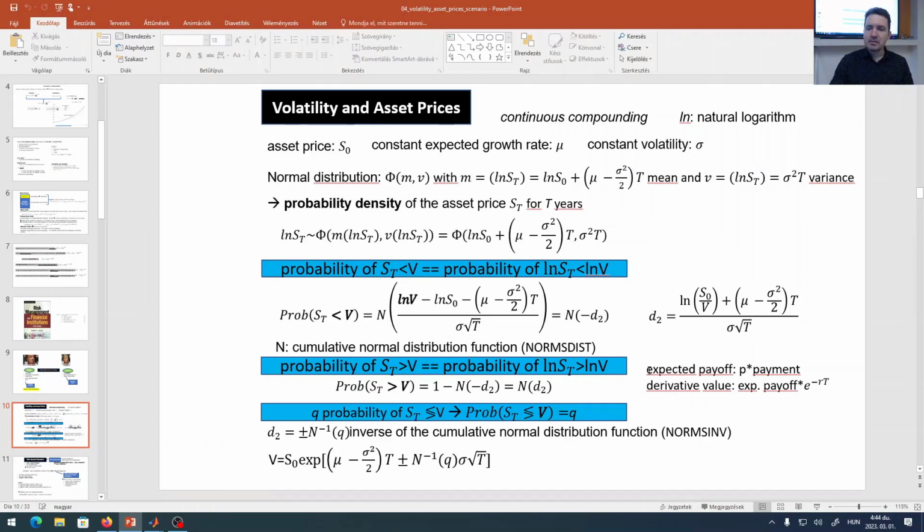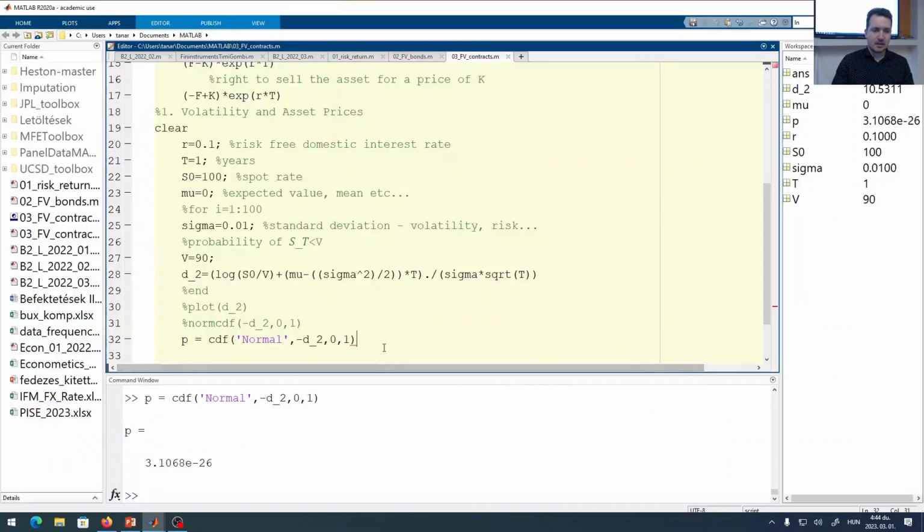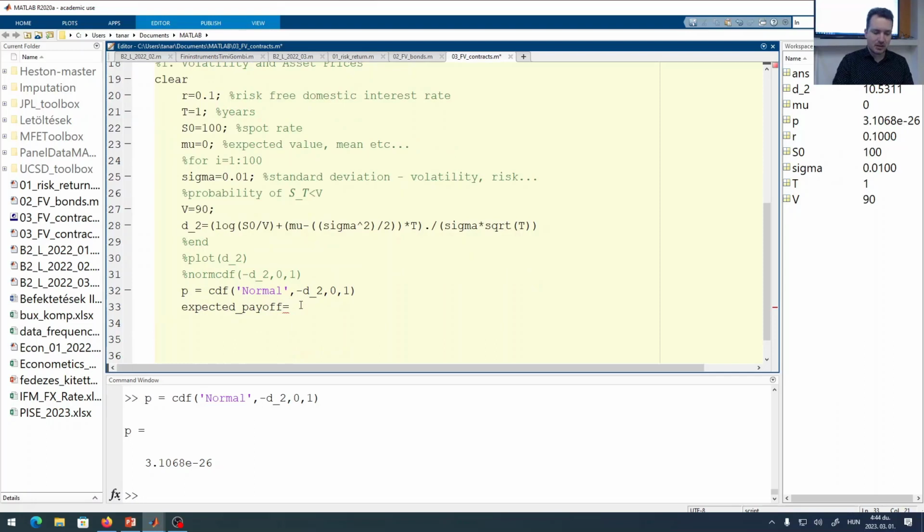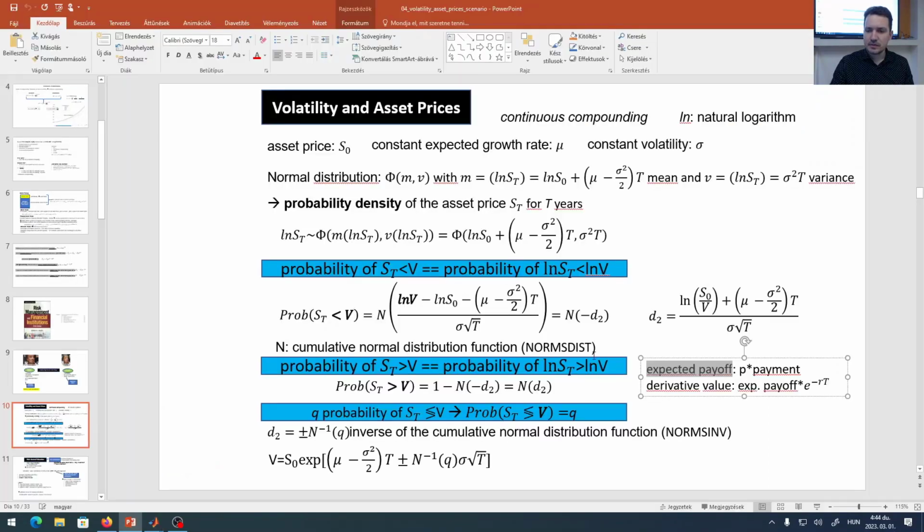And after that we can have the expected payoff. Let's not provide any kind of fancy letters here, so let's say just P multiplying the payment.